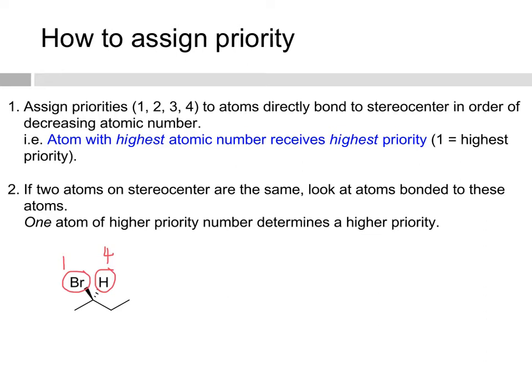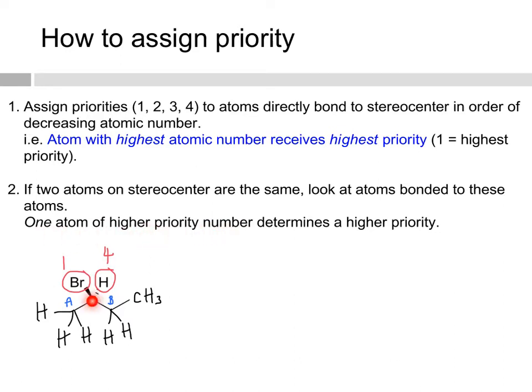Let's first draw out all the atoms that are bonded to carbon A and carbon B. Carbon A has 3 hydrogens, and carbon B has 2 hydrogens and another carbon that's bonded to it. So if we compare it, we're looking for the first atom of higher priority.